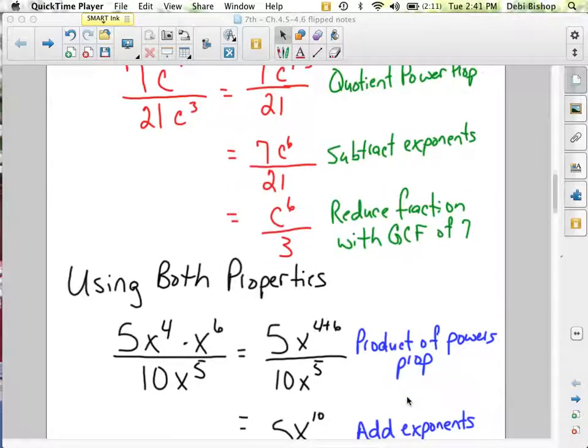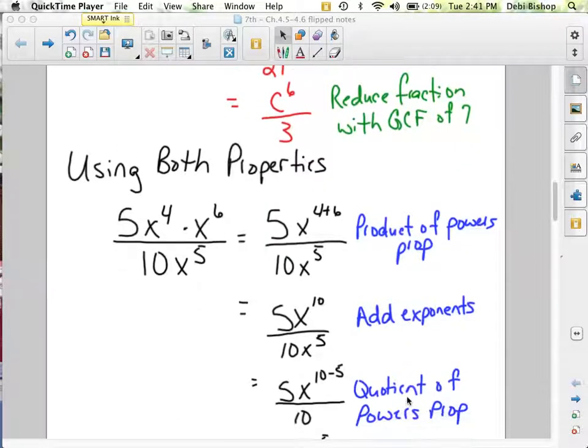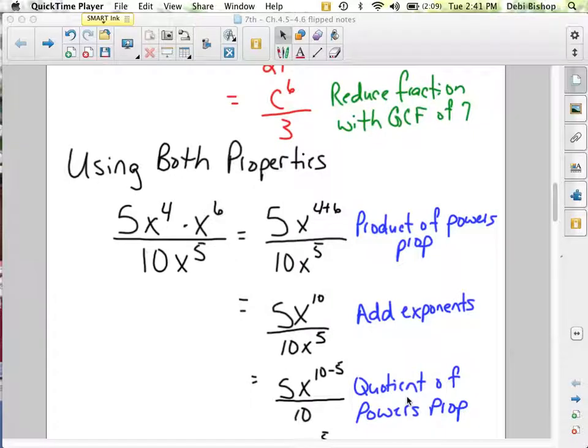Here's an example using both properties, the product of powers and the quotient of powers. 5x to the 4th times x to the 6th divided by 10x to the 5th. First I want to combine my numerator x's. So I have 5x raised to the 4 plus 6 power divided by 10x to the 5th. Add them up, and I have 5x to the 10th divided by 10x to the 5th.